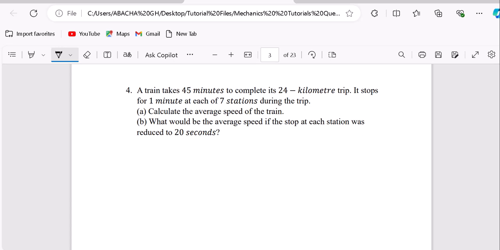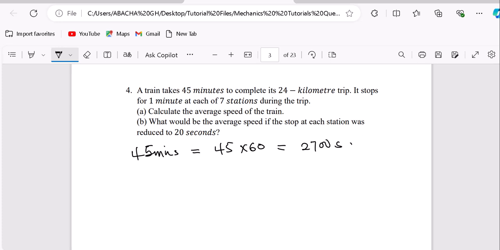Here we are given a time of 45 minutes, and this is the same as 45 times 60, because we want to convert it to seconds. So 45 times 60 gives us 2,700 seconds.